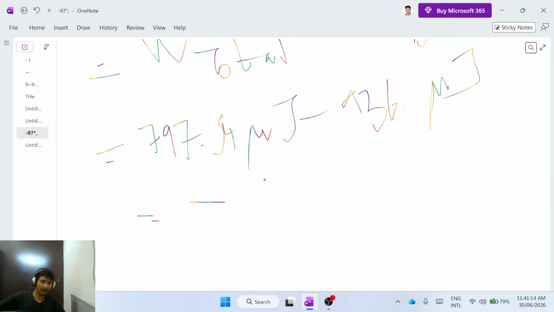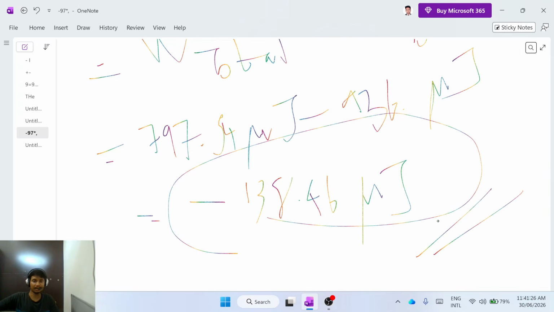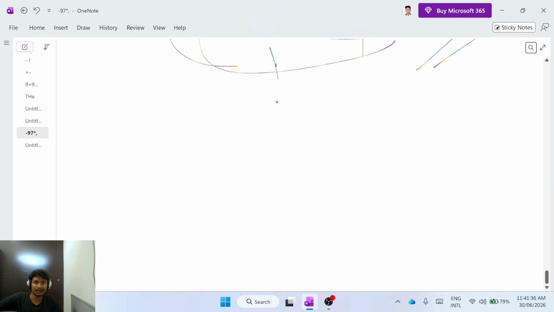Therefore minus, the final answer will be minus 138.46 microjoule. This is the final answer. The change in energy is minus 138.46 microjoule. This is the energy loss.